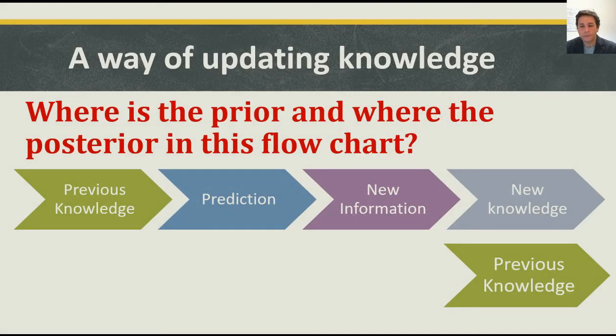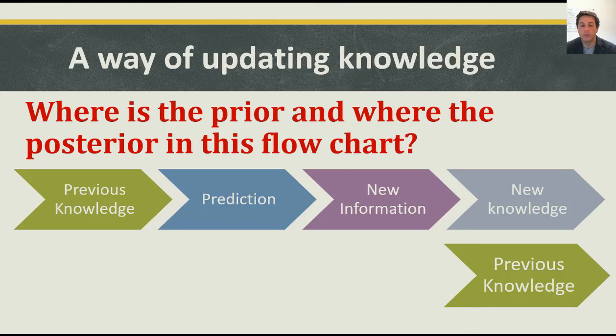Okay, so Bayesian estimation or Bayesian statistics are based on the idea of updating knowledge, updating beliefs about things. In this flowchart, we start with previous knowledge. Previous knowledge means knowledge before collecting data.